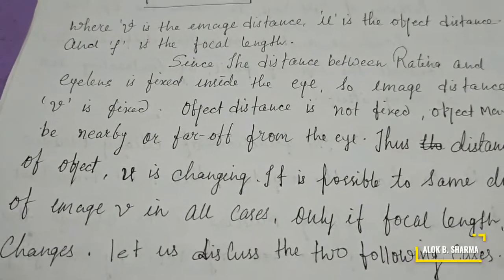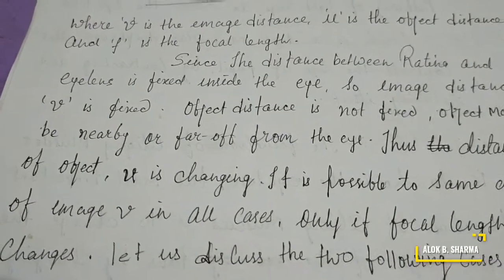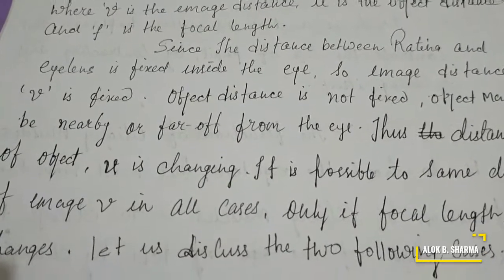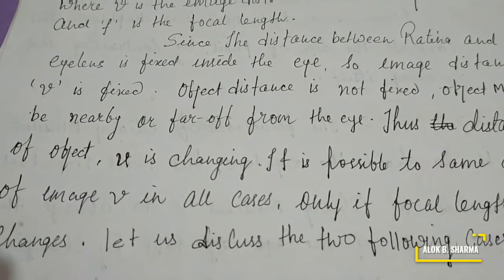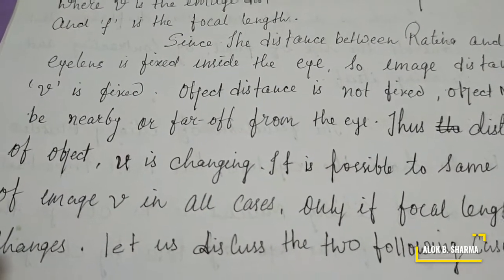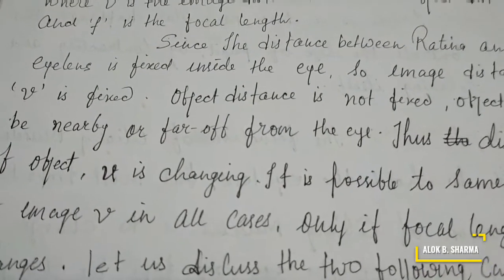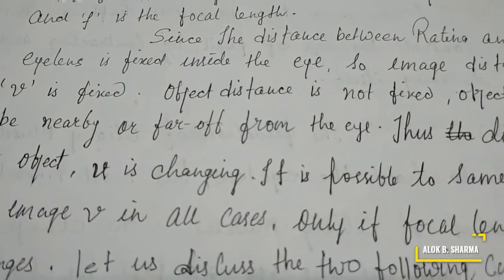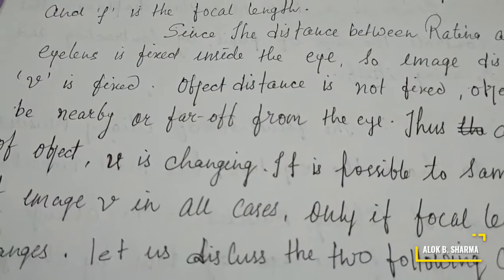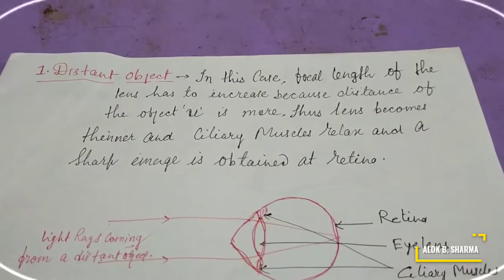Now let us discuss by taking two cases. Means when u is changing and v is fixed, somehow focal length is also changing. See the explanation now. Two cases will arise.